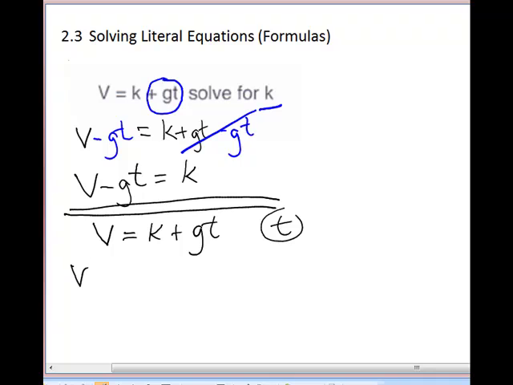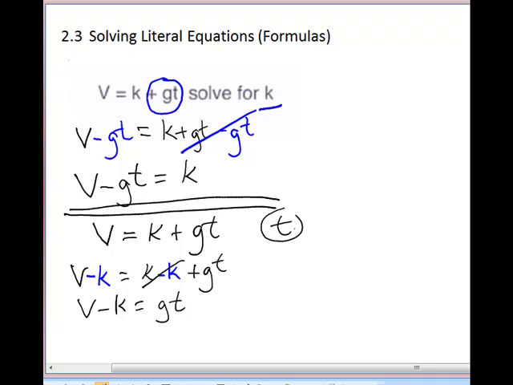You should write it after the V. Don't write it in front. You'll mess up the sign. Here I'm going to subtract the K. Now this is gone. So V minus K equals GT. Go back on the side of the one you want.